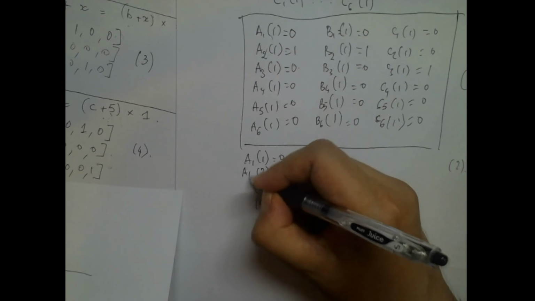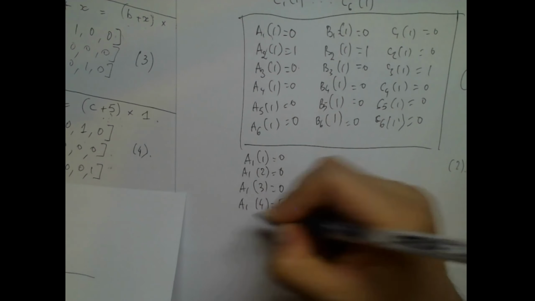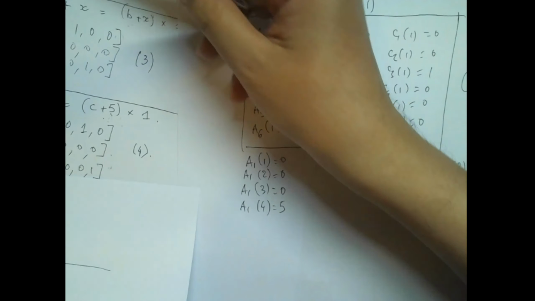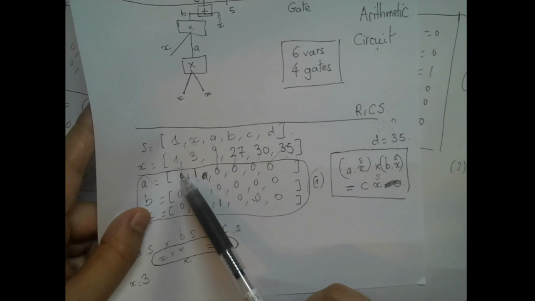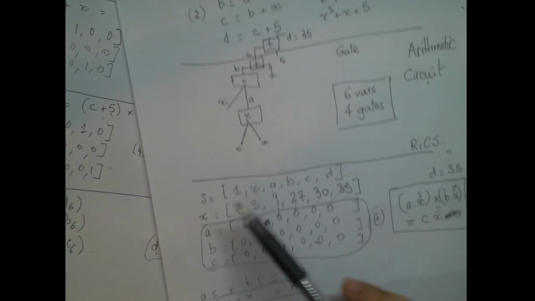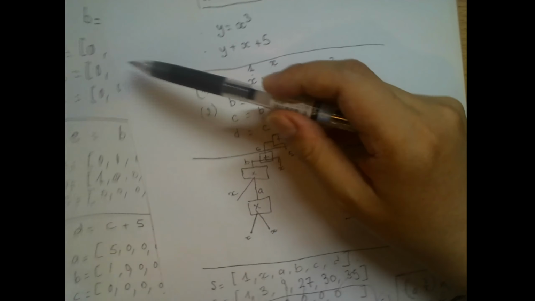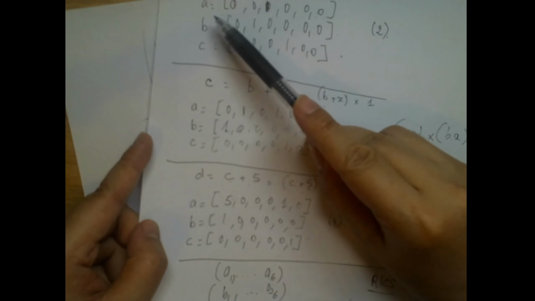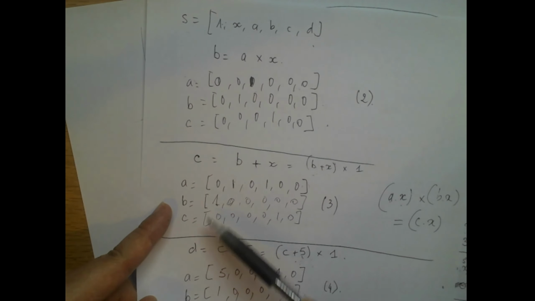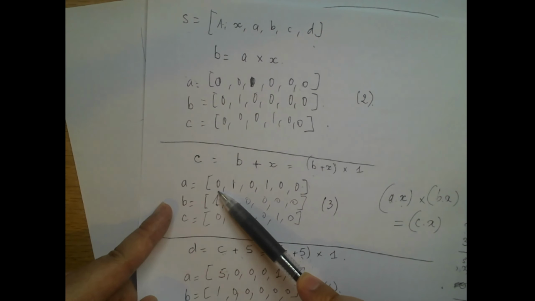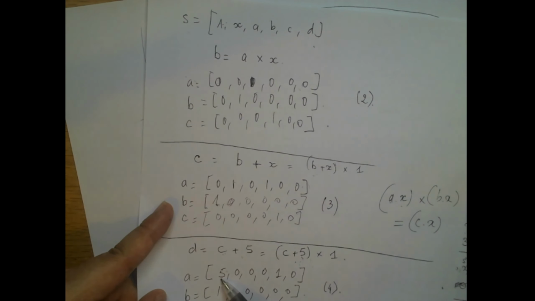So A1 is like that, because we are looking at this term here, then this term here, which is the term of the second equation, then this term here, the third equation, and then this term here, the fifth equation.